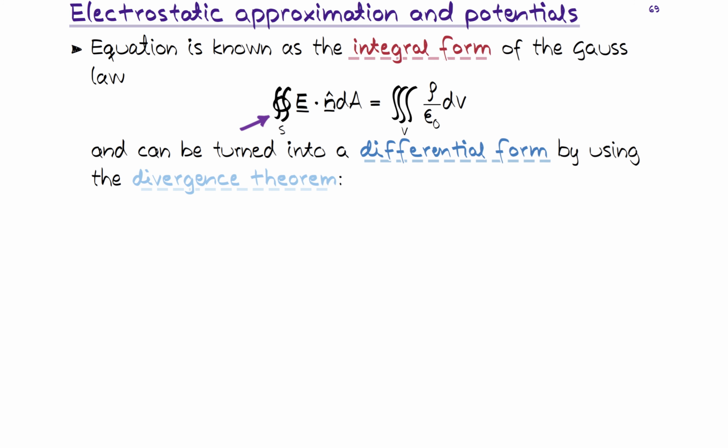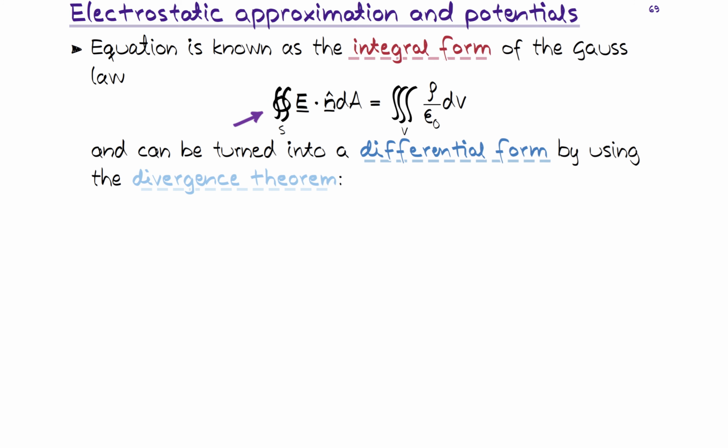Of course these are entirely equivalent, so it doesn't really change the physics. You can calculate things either way, but we are interested in formulating a wave equation, and subsequently we want to transform these integral forms into differential forms.